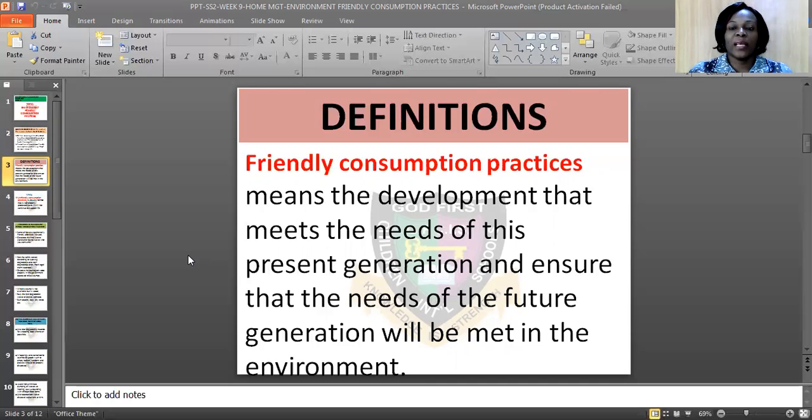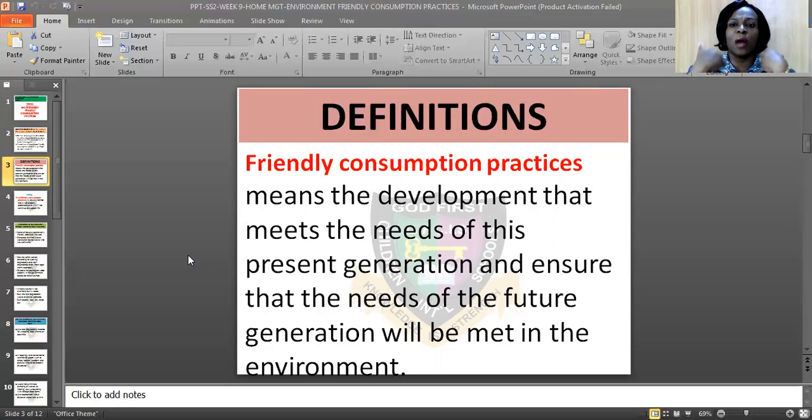How? Now as individuals or as consumers, we are consuming already. We are meeting our needs, isn't it? Okay, how do we meet the needs of the future generation? That is a big question we need to ask ourselves. Yes, this is what we mean by friendly consumption practices.